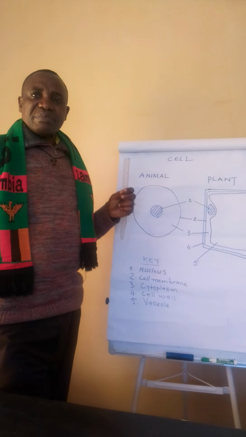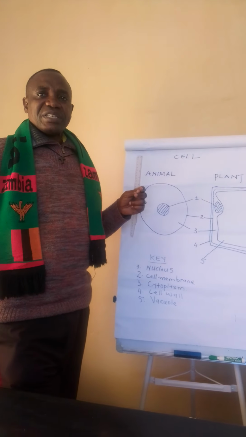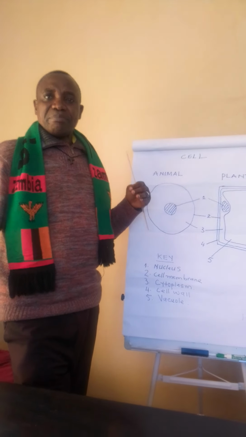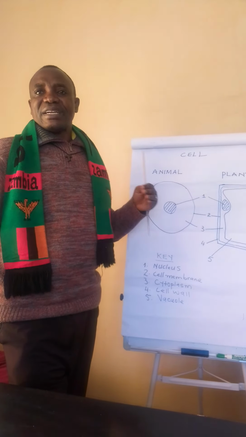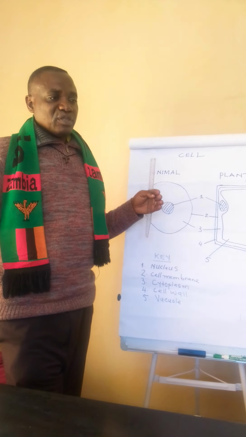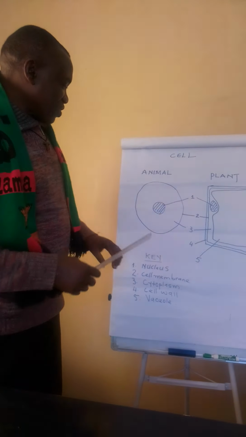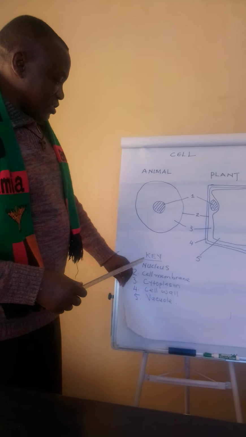Now, if the cell is a basic unit of life, and if it's a building block, that means when cells come together, when they pile on each other, then they make an organism grow. And therefore, we come to a topic which is known as the cell structure organization.